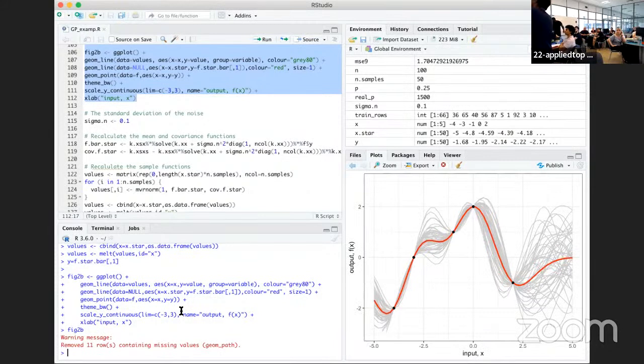Okay. So now what you're seeing is what the posterior looks like. There were 1, 2, 3, 4, 5 data points that we put in. I made the wildly inaccurate statement that there's no noise, that's why you have a perfect fit at the data points.